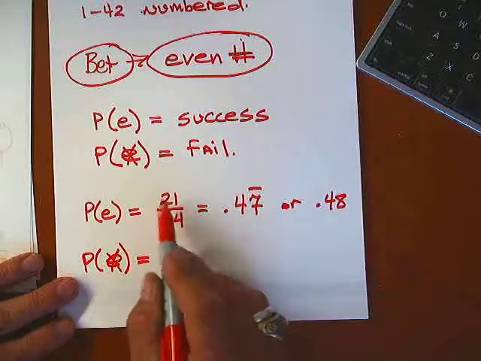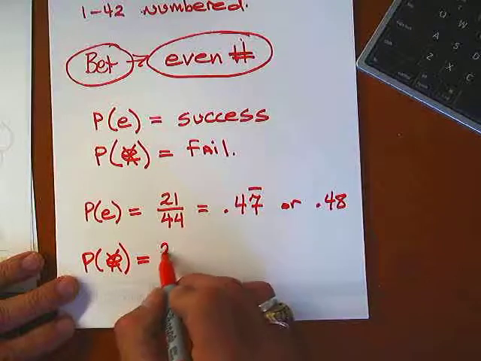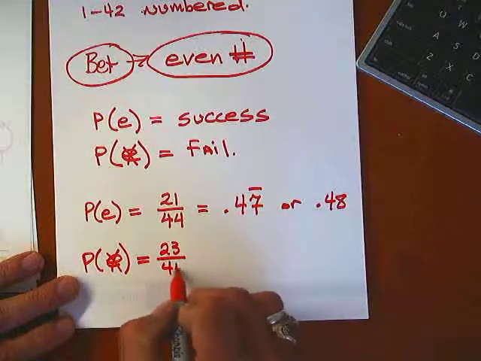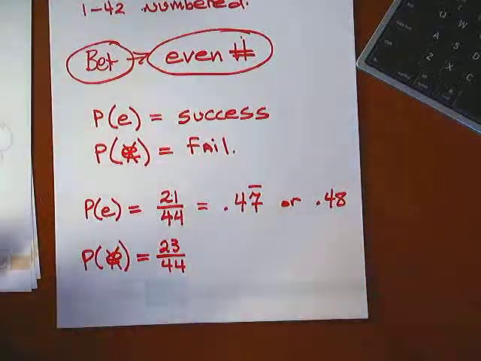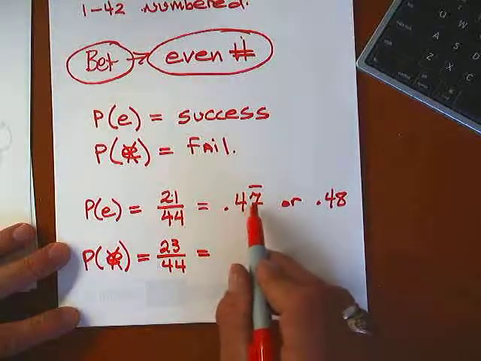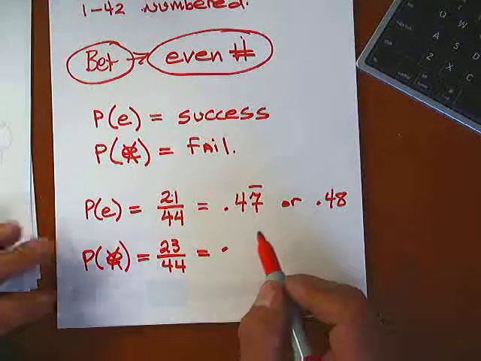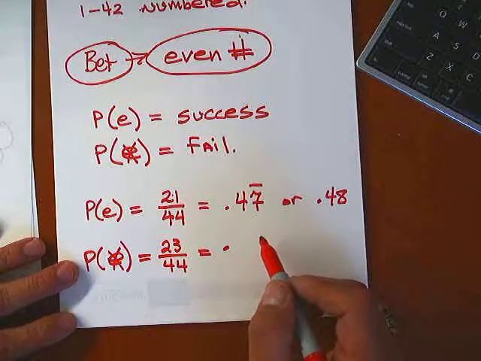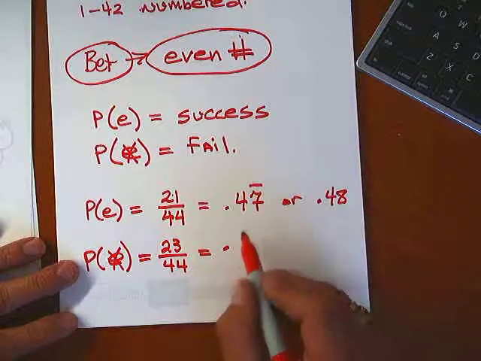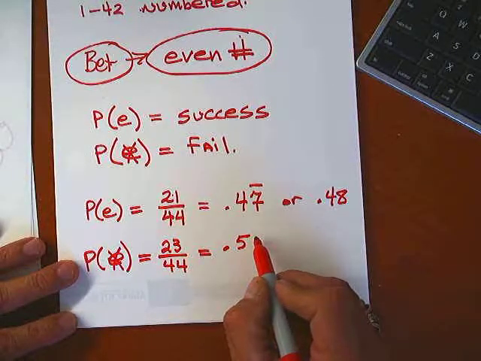And I don't know what 21 over 44 is, so I will calculate it right quick. That'd be 21 divided by 44, and that's equal to 0.47, actually 47 repeating, or 0.48.